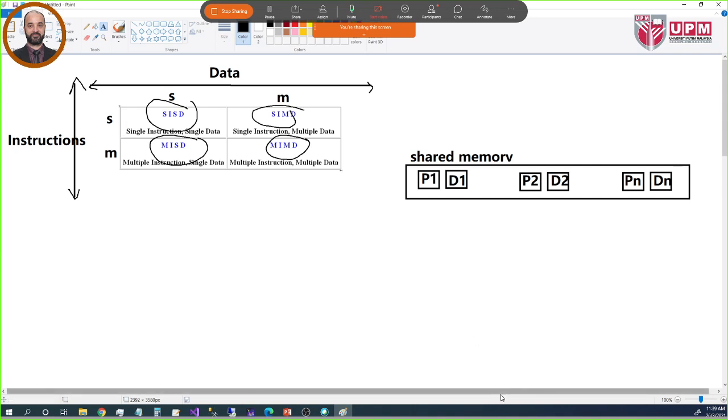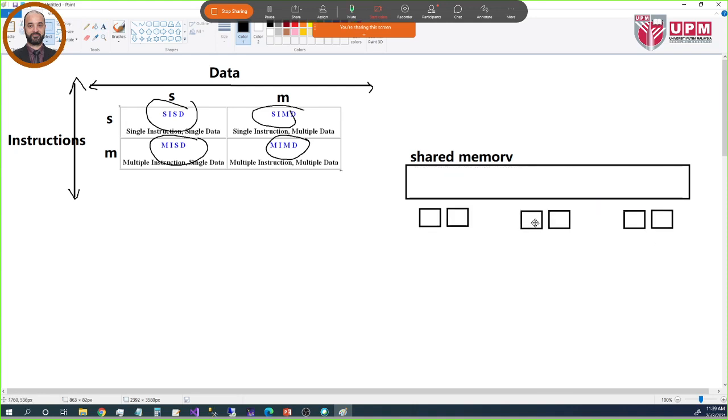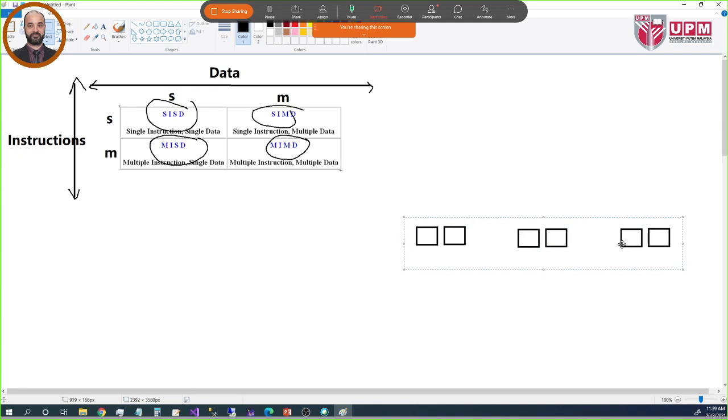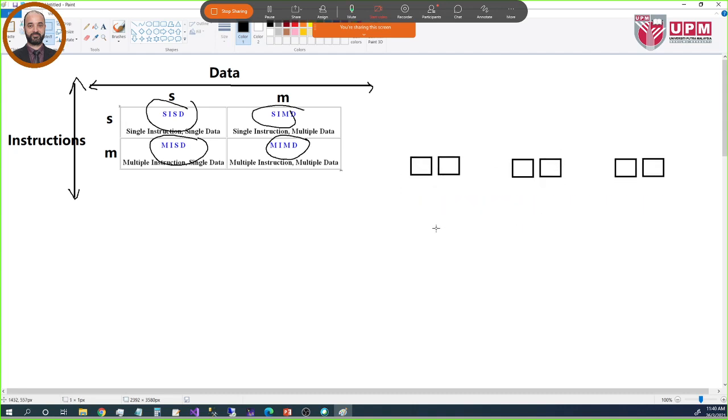Also, I made a mistake actually. This one is not a shared memory. Sorry, I confused myself. Let us take this, put it here, and remove the shared memory from here. This architecture is based on multiple processors and multiple memories.